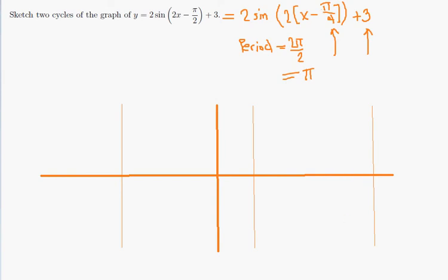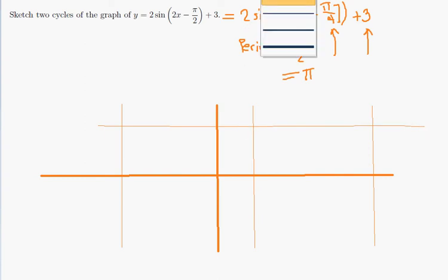Okay, now the vertical shift is at 3. So the midline will be at 3. And also the amplitude is given by the number up here, which is 2. So this number here is the amplitude.